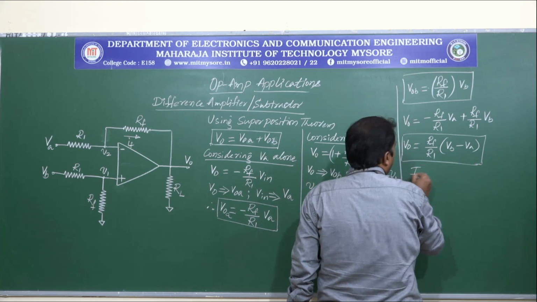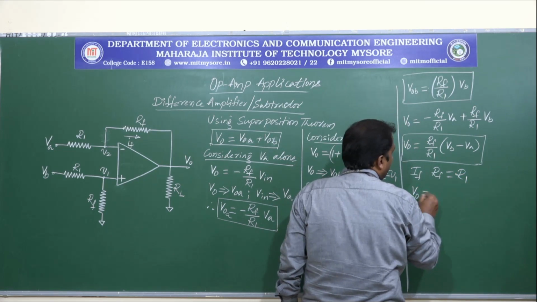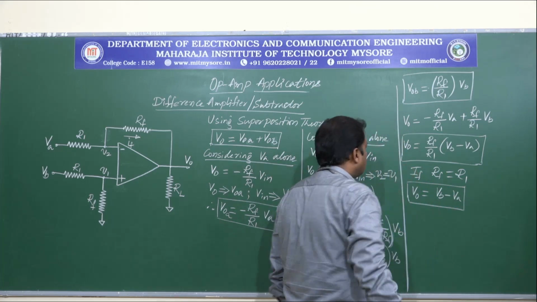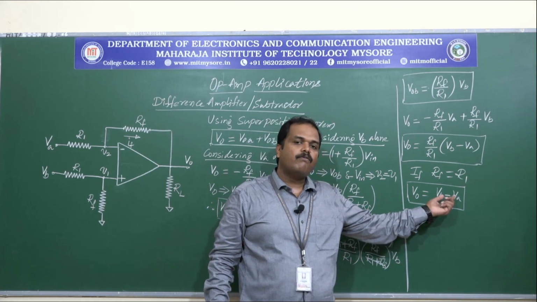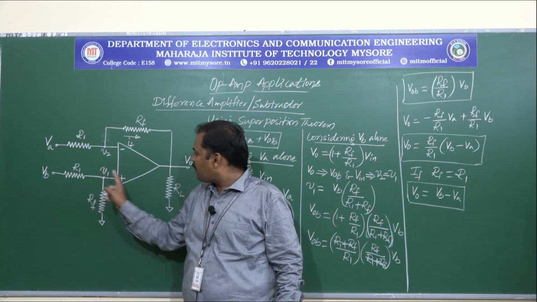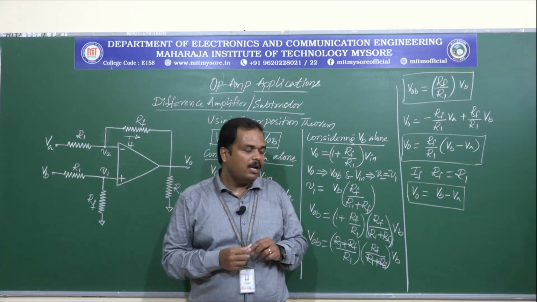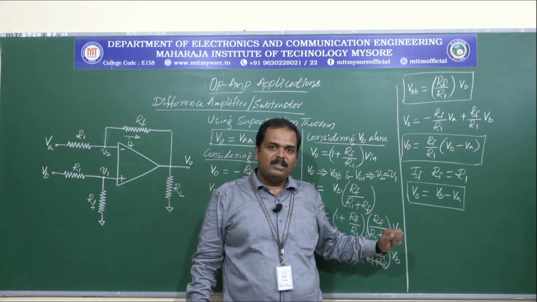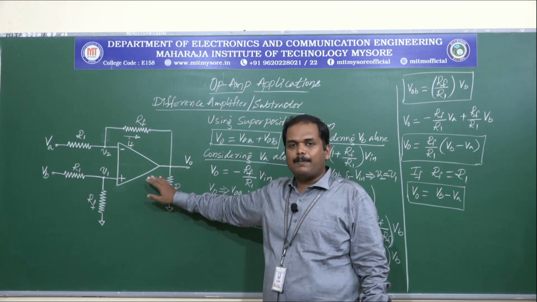Now if we equate RF and R1 value, then V0 will be equal to VB minus VA. So the output voltage is equal to the difference of the two input voltages VA and VB, because VB is applied to the non-inverting terminal and VA is applied to inverting terminal. The output voltage is given by VB minus VA. So this is the working of the difference amplifier or subtractor.